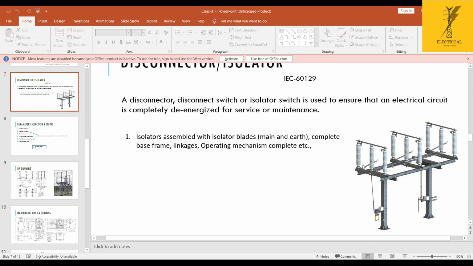If you want to purchase the insulator stacks also, you can directly purchase from the vendor. Or if you are willing to purchase the insulator stacks as a lump sum quantity from a specific insulator manufacturer, you can purchase from him also.